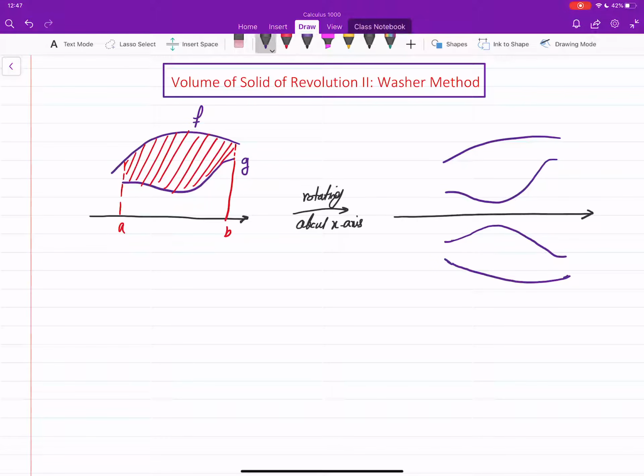So if I rotate this, you see it is an object, and from the body we have taken out another piece.